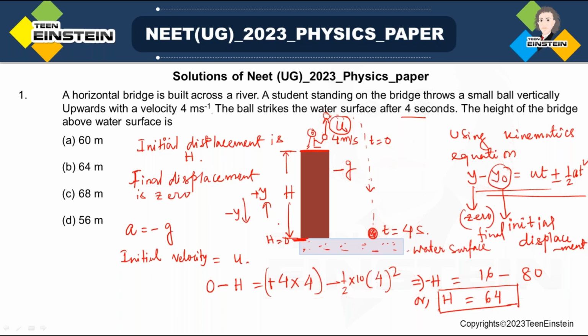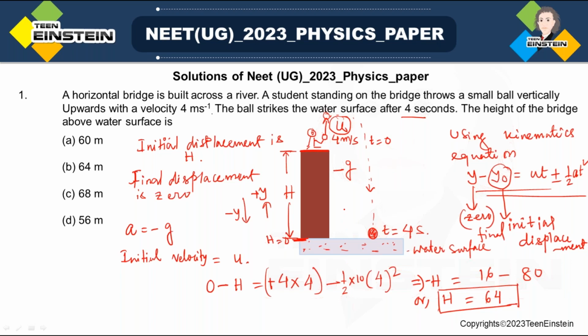I think I'll not confuse you any more. I just want to clarify that since the velocity is given in the upward direction, let us take that as positive, and acceleration, since it is acting in the downward direction, let that be taken as negative.